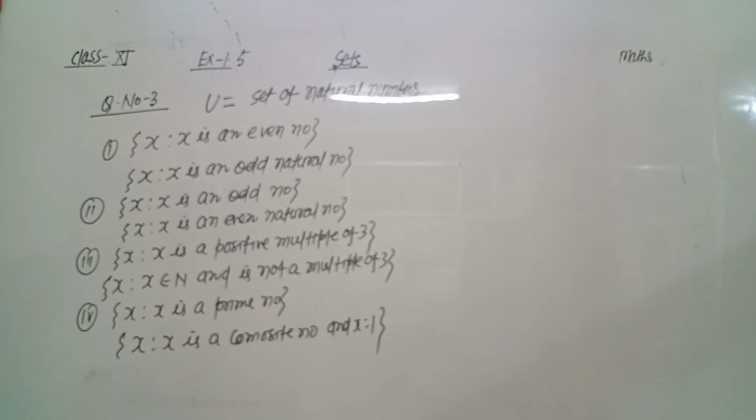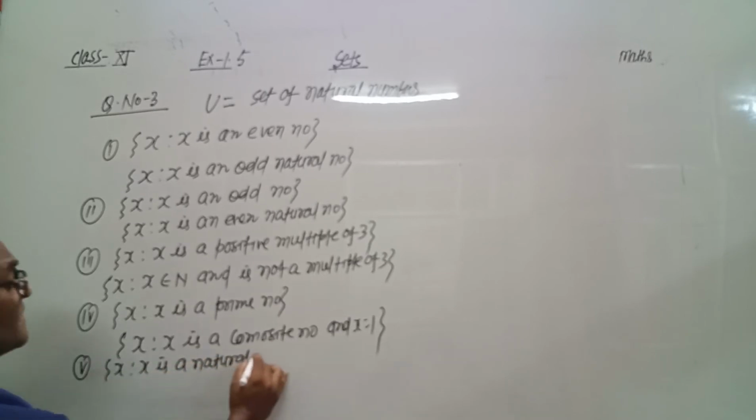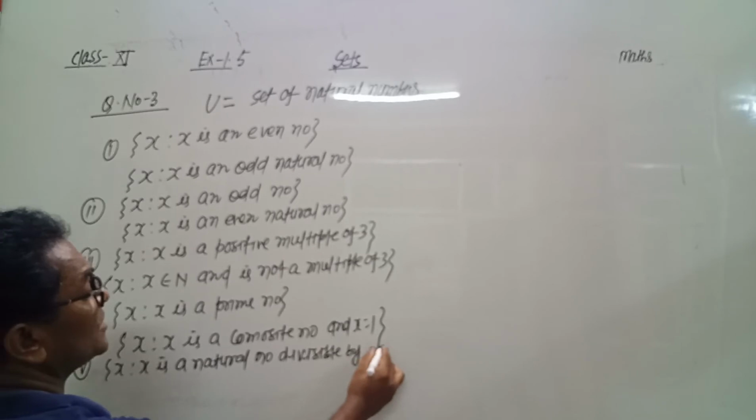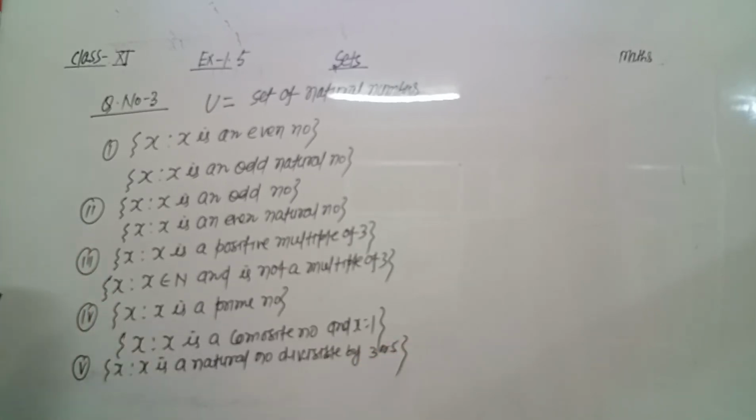Now the fifth part, {x such that x is a natural number divisible by 3 or 5}.